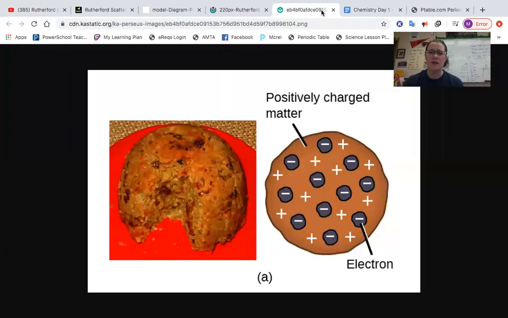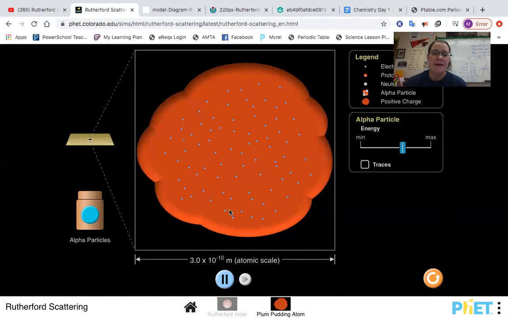And so when they're coming in contact with some of this positive cookie dough, some of those particles could be deflected, but mostly we're going to see particles go straight through. And so if this was J.J. Thomson's plum pudding, and again, all these little blue dots in there are electrons, again, Rutherford thinks if we shoot alpha particles at them, these positive particles, our particles should go straight through.